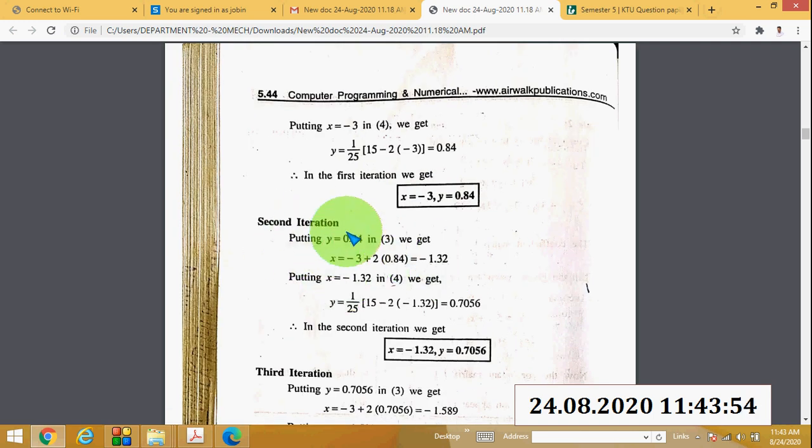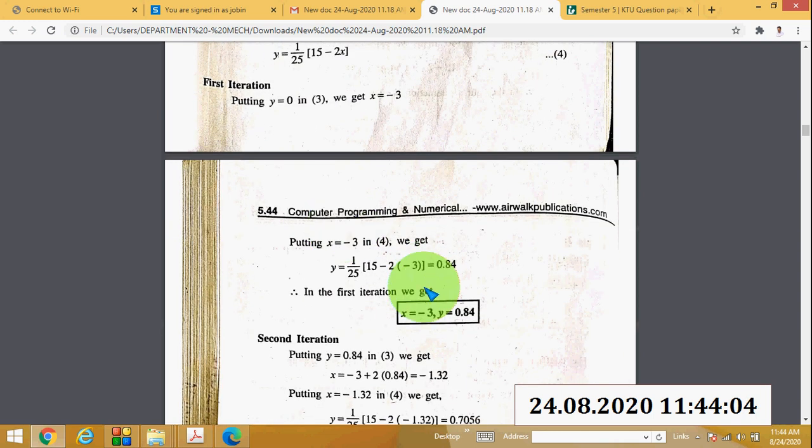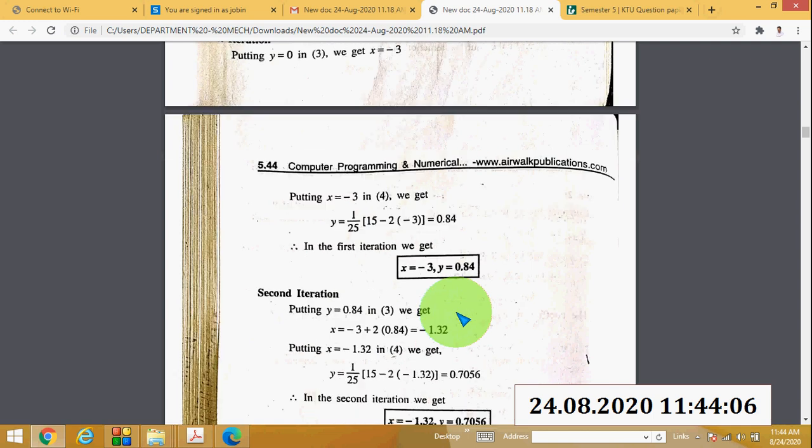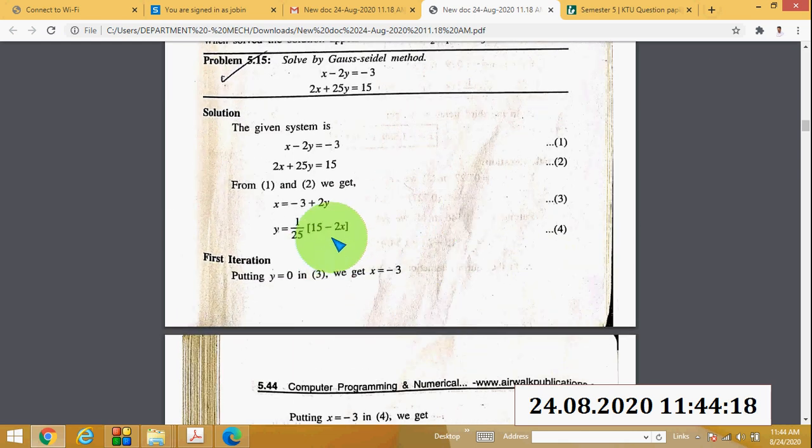Then the second iteration. Now the value of y is equal to 0.84. Substitute the value of y in equation number 3. You will get the value of x is equal to minus 1.32. Now substitute this value of x, minus 1.32, in equation number 4.